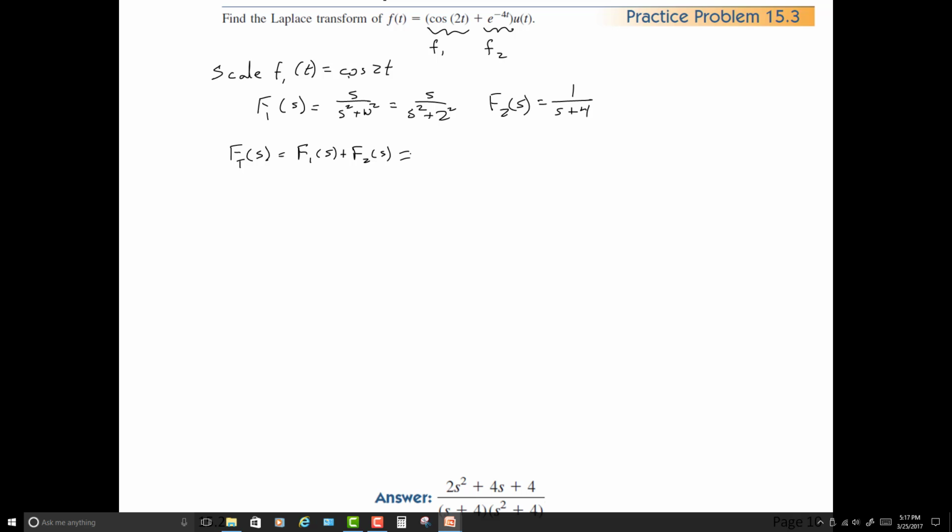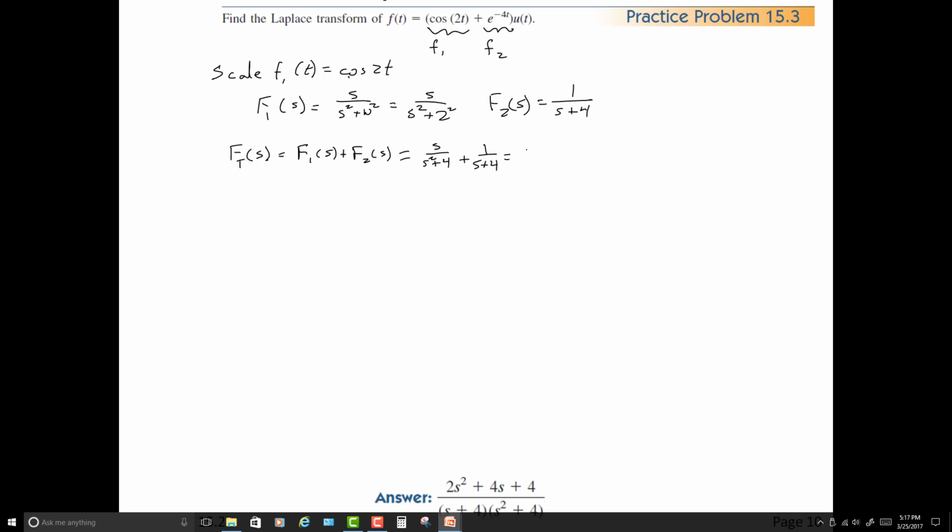This is back to what you remember from high school algebra, where you've got the associative, commutative, distributive laws, then the additive laws, and we've got that same thing going on here. So that's s over s squared plus 4, plus 1 over s plus 4.